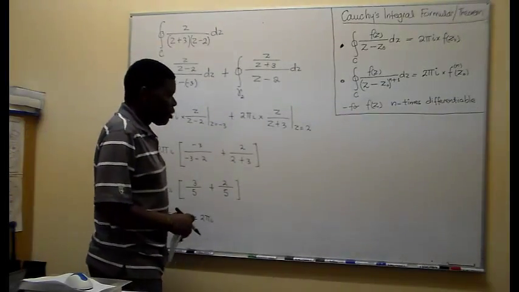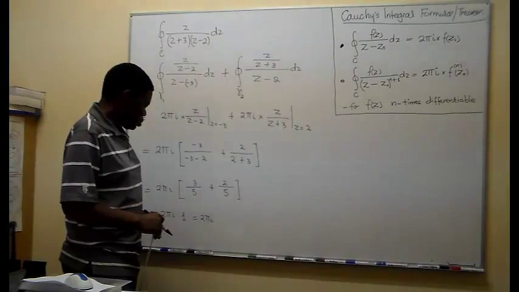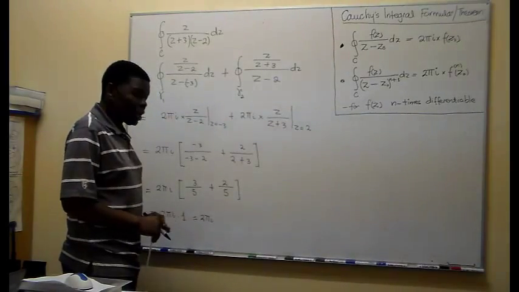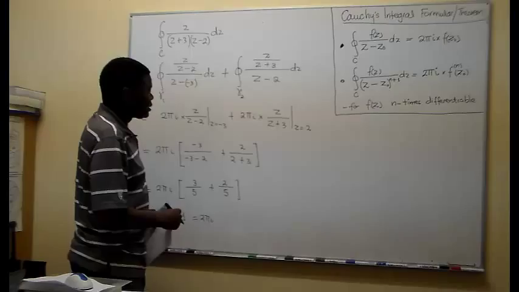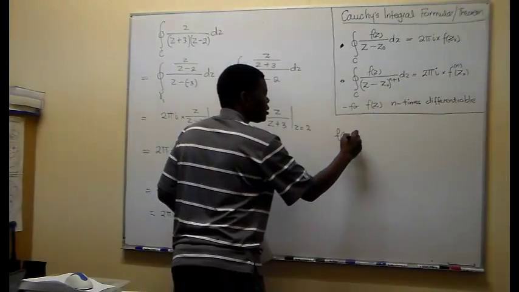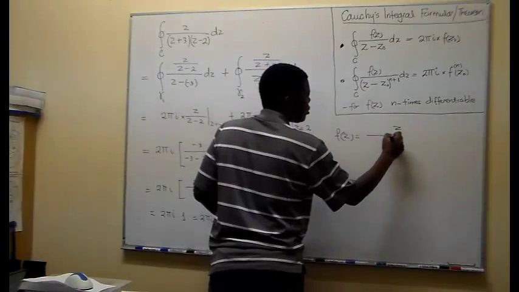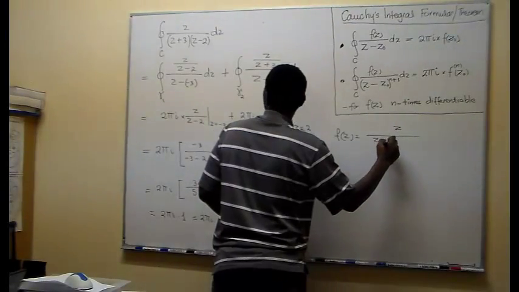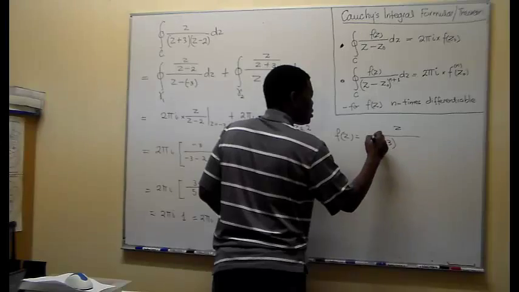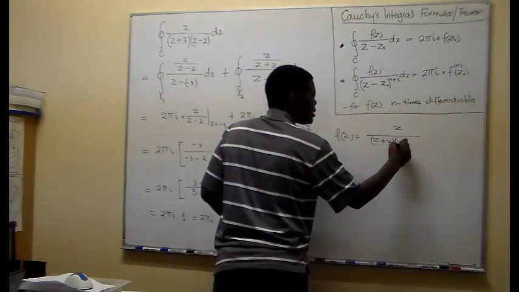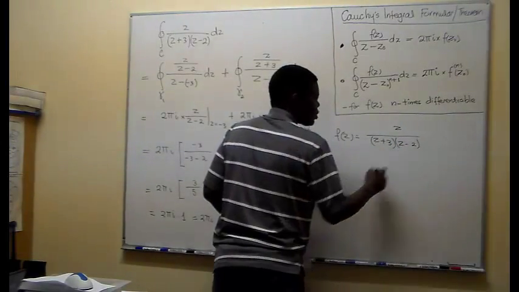experiment here. The experiment I want to do is to look at the function f of z equals z over z plus 3 multiplied by z minus 2.